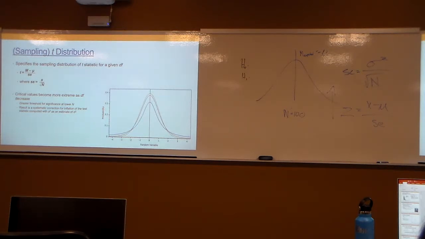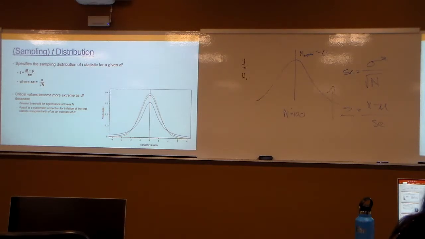Lower? Yeah, it's going to be lower, right? With 50, and if I have a couple hundred, it's going to be about the same as my z. But as my sample starts to decrease, my benchmarks for what I can use to claim statistical significance start to get higher.